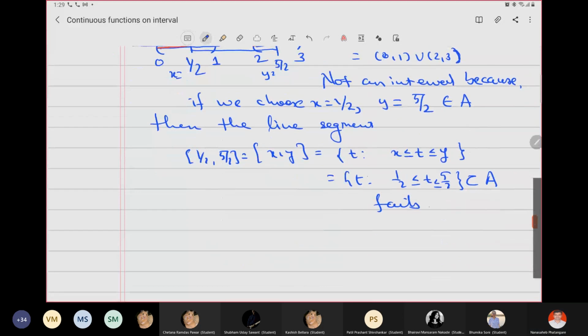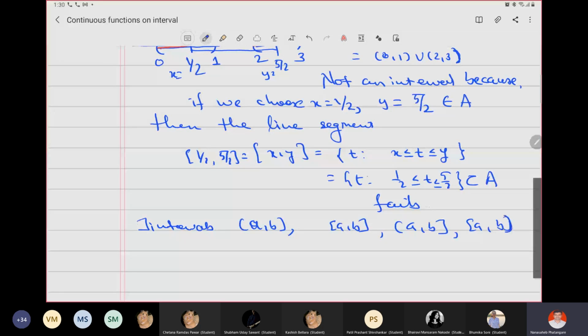So intervals: A to B, A to B, or A to B, A to B. Okay, what is the difference between the first interval and the second interval?